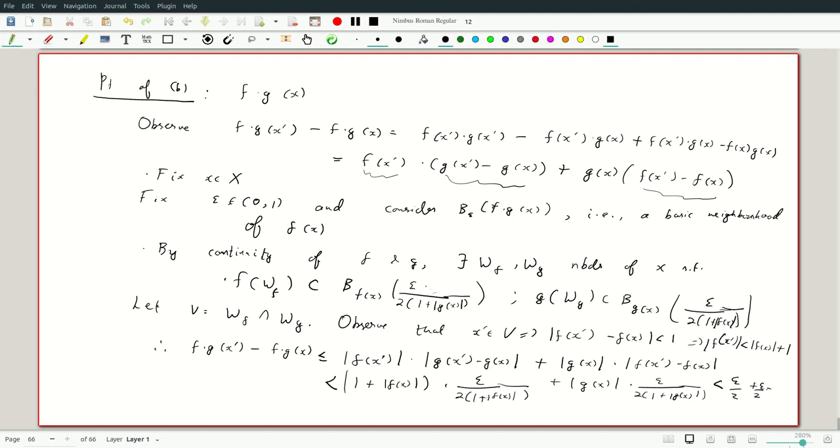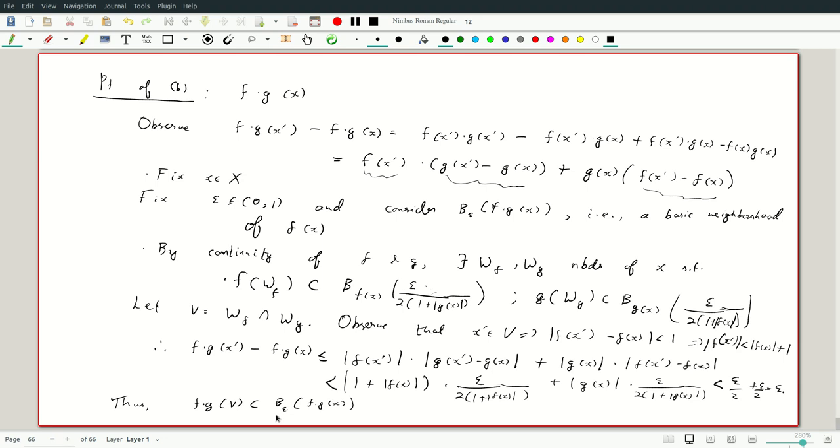So what we have shown is that, so thus I will just write it to connect with the definition. If I look at f times g acting on V, this is contained in the ball of radius epsilon around f times g of x.